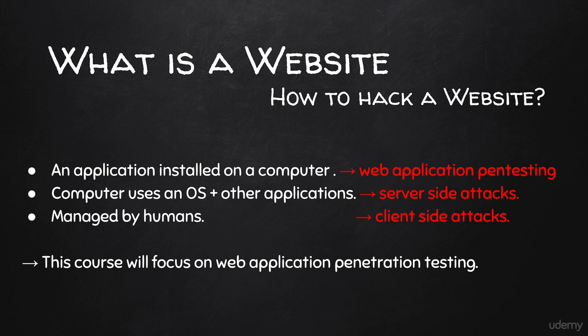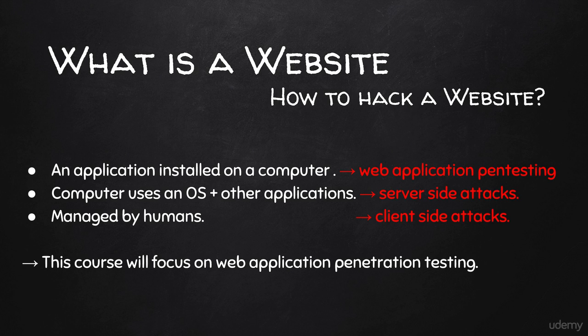If you couldn't find anything wrong with the applications installed on the web server or the operating system, then you could target the humans, because we know websites are managed by humans. For example, with Facebook, you can target Mark, or you can target the admins of Facebook. These admins obviously have more privileges on that website than you, and they might be able to upload sensitive files to that website, and then you can control it and hack it by hacking into one of those people.